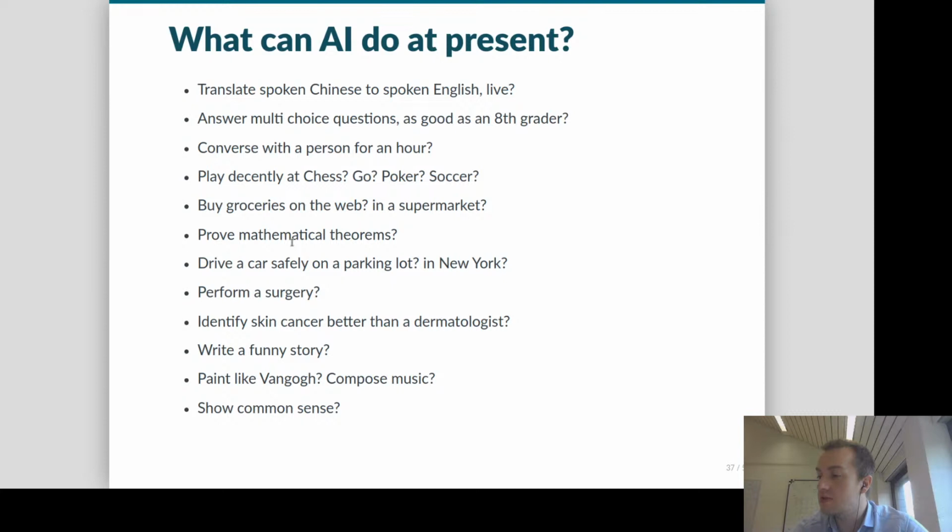So let's talk about paintings. Indeed, you now have systems that are able to produce things that look like paintings, but let me rephrase the question. Do you think an AI would be able to produce a masterpiece?